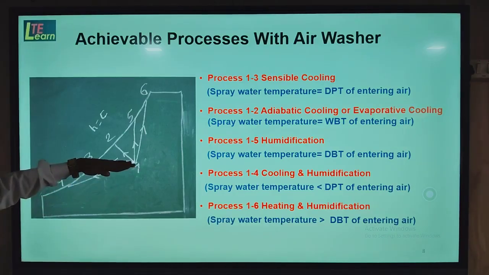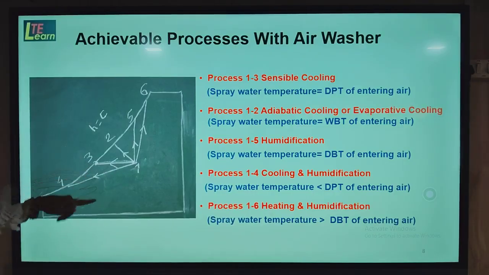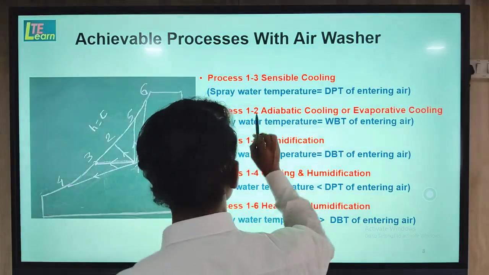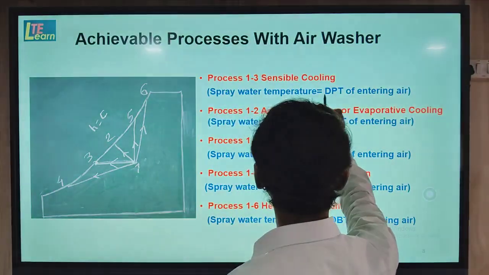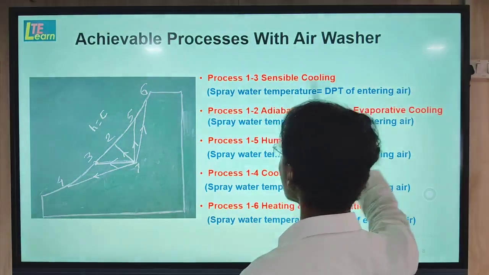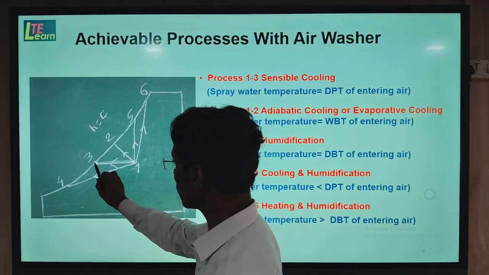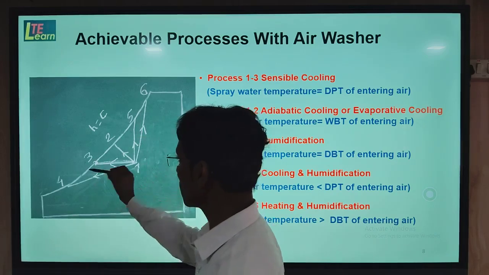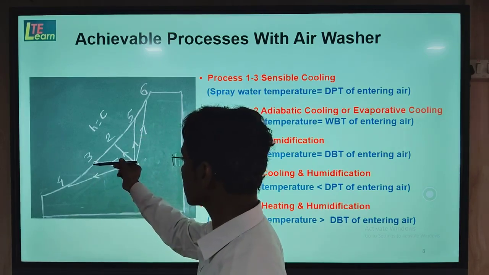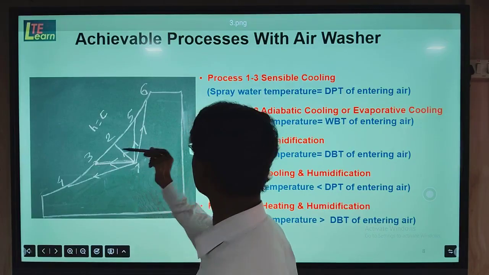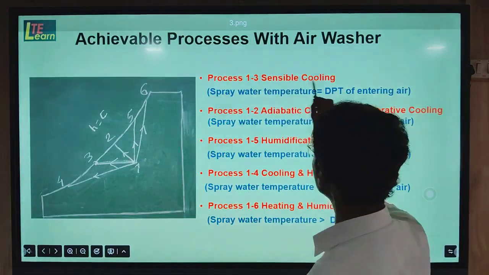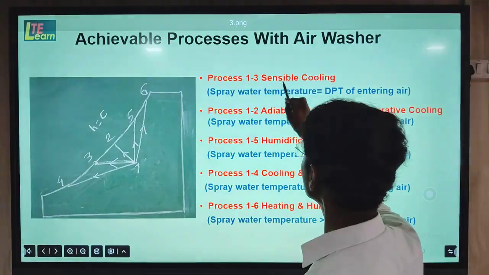In this case, the temperature of the spray water is maintained equal to the dew point temperature of entering air. Because we have seen in a psychrometric chart that dew point temperature values are mentioned on the saturation curve. So this 1 to 3 process is what we call sensible cooling.